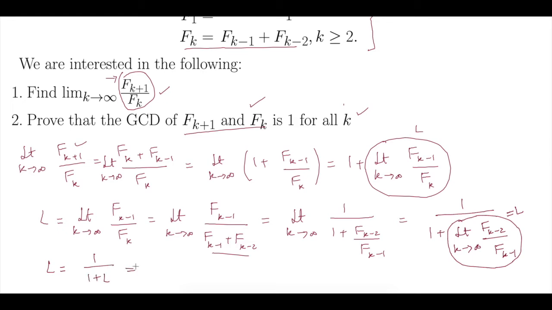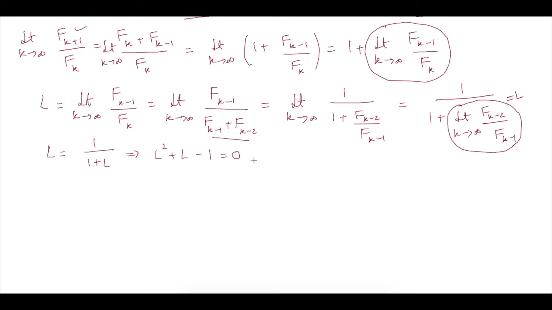So then I can say L squared plus L minus 1 is equal to 0. Okay. So now here I can use the quadratic formula. So I can say L is equal to minus 1 plus or minus root of 1 squared plus 4, over 2 times 1.